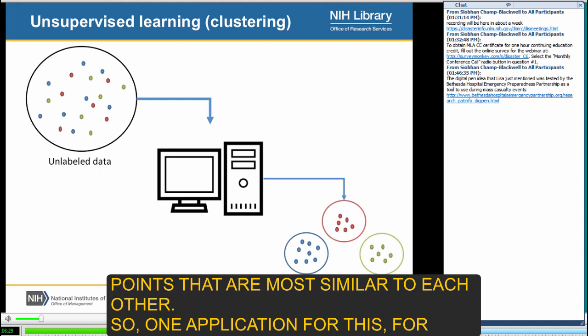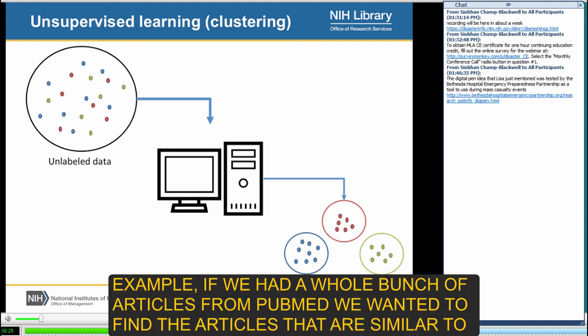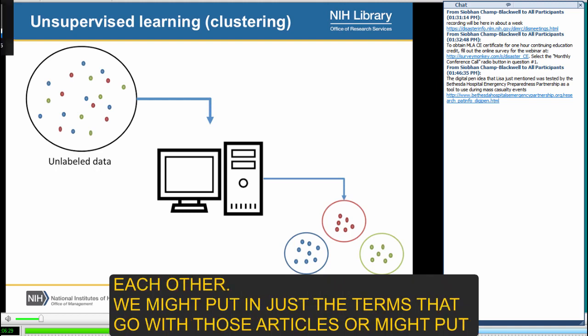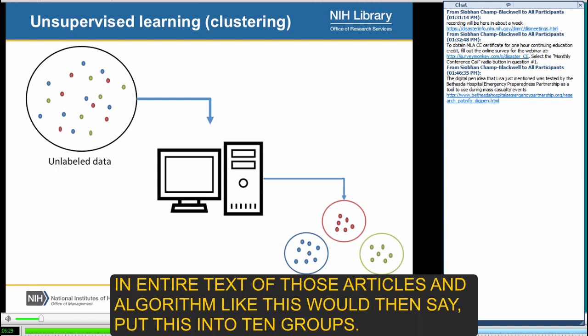One application for this is, for example, if we had a whole bunch of articles from PubMed, and we wanted to find the articles that are similar to each other. We might put in just the MeSH terms that go with those articles, or we might put in the entire text of those articles, and we would tell the algorithm to put this into 10 groups.